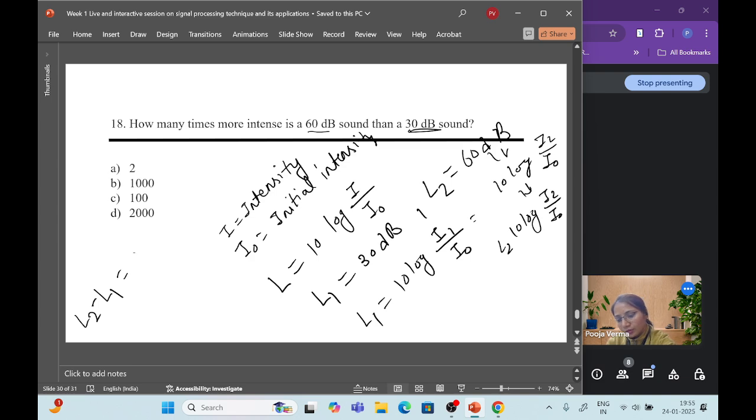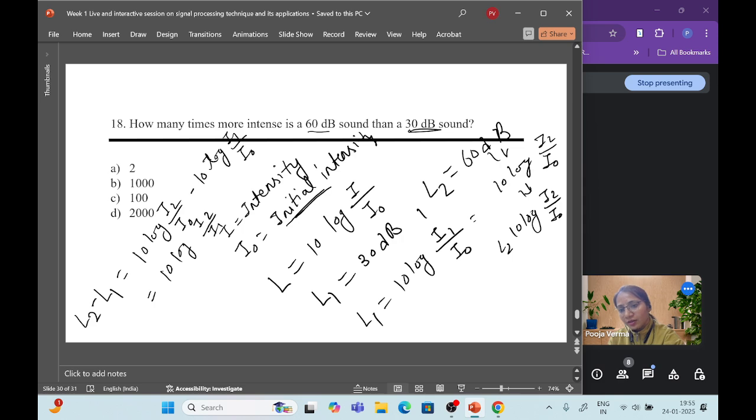So L2 minus L1 is 10 log I2 divided by I naught minus 10 log I1 divided by I naught. We can write it as 10 log I2 divided by I1, because I naught will cancel out.